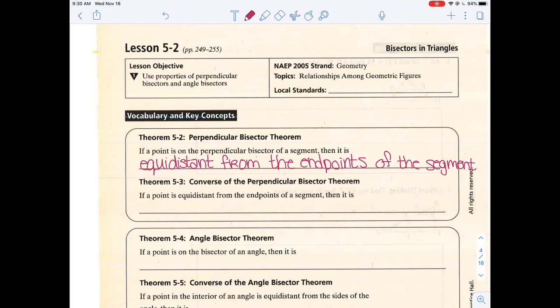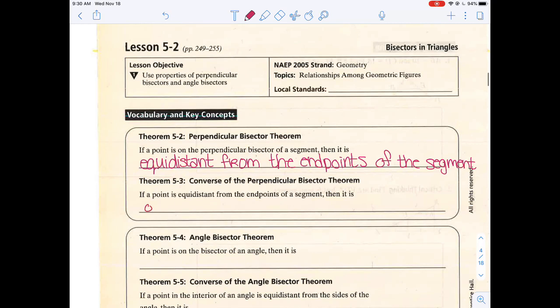Theorem 5.3, the converse of the perpendicular bisector theorem, says that if a point is equidistant from the endpoints of the segment, then it is on the perpendicular bisector of the segment.